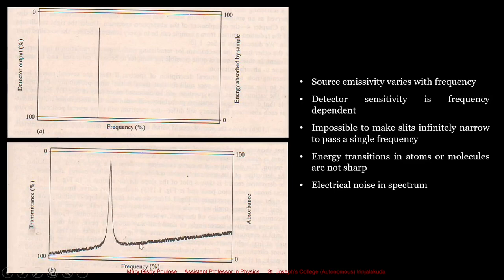Another point is that energy transitions in atoms or molecules are not sharp. Like if I am exciting an atom from the ground state to the first excited energy level, this ground state energy level is not very sharp. It is not a single energy. It can be a band of energy. So the atom can be excited from the lower energy band to the higher energy band.